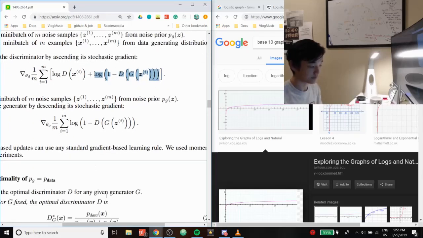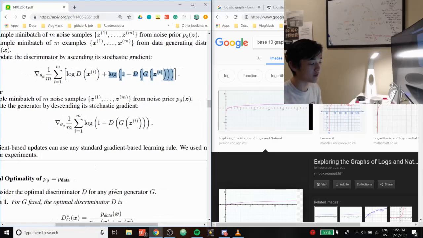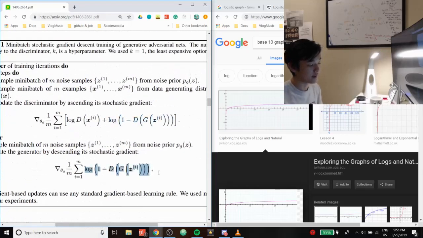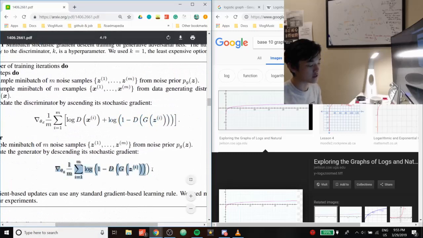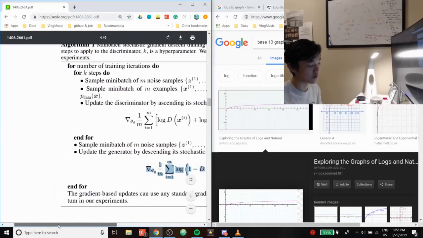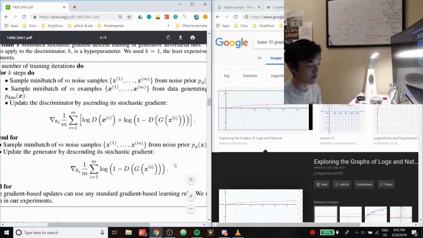So yeah. Then what did confuse me is here. Basically we're trying to update the generator, the same part as this thing right here. And this confuses me because this right here is saying that we're going to update the generator by this right here. Let me step through this again.